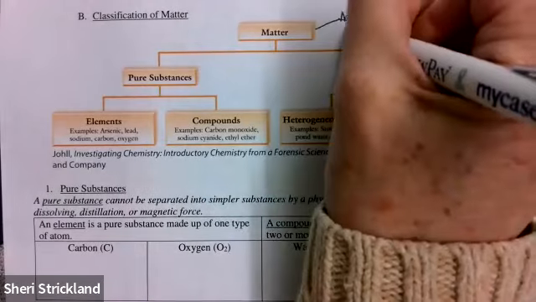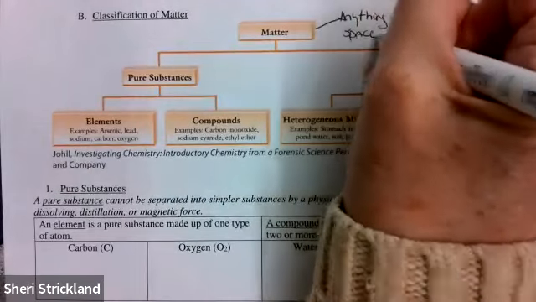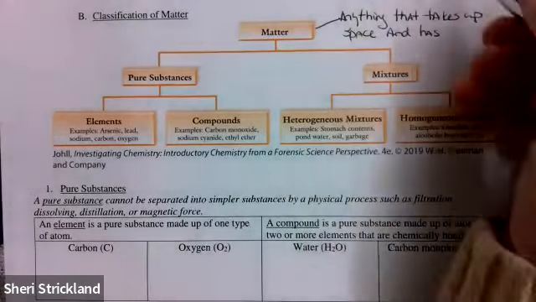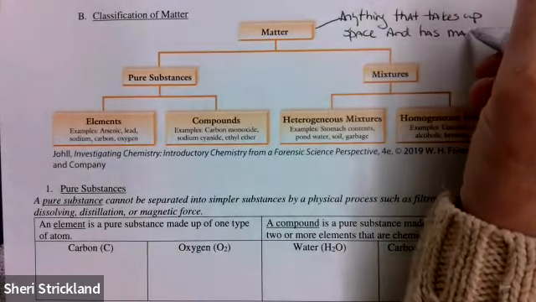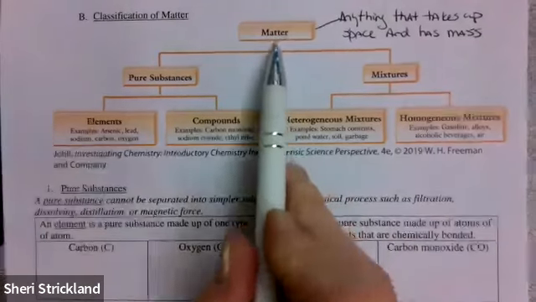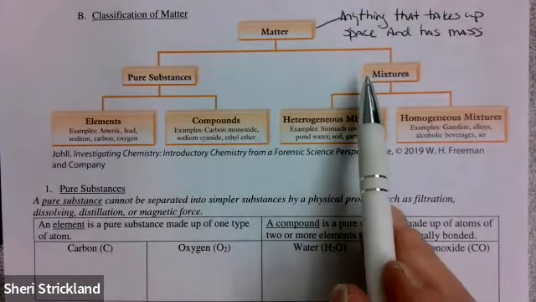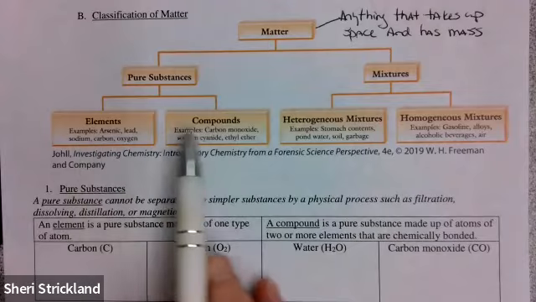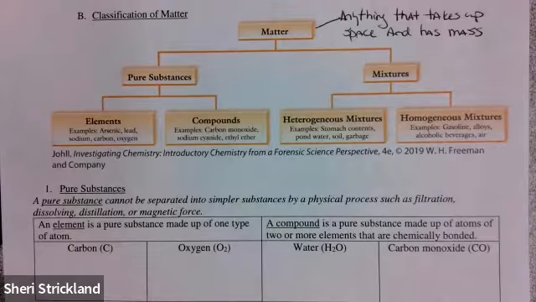So it takes up space, so it can be like air, has mass, can be like kangaroos, and lots of things in between. Two big groups of matter are pure substances and mixtures. And in pure substances, we're dealing with elements and compounds, and we'll spend most of our time here.